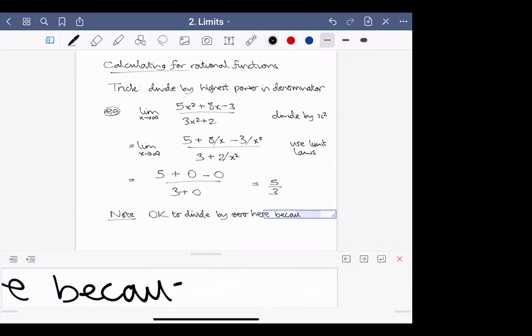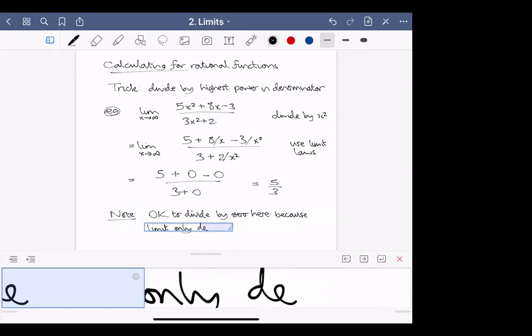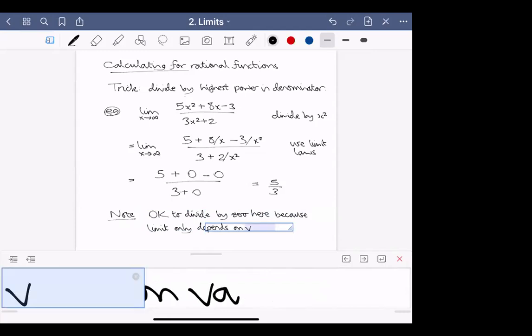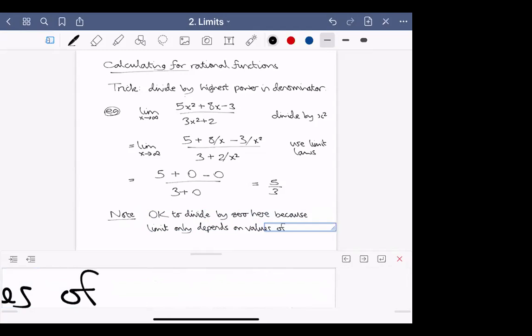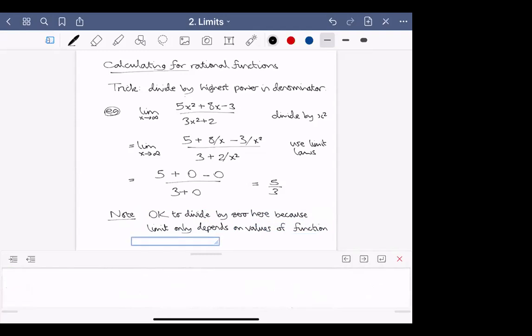Because limit only depends on values of function for large x. So that's just from the definition.